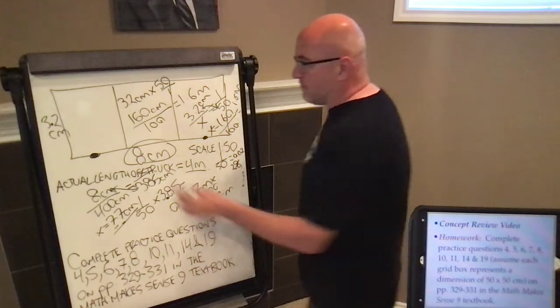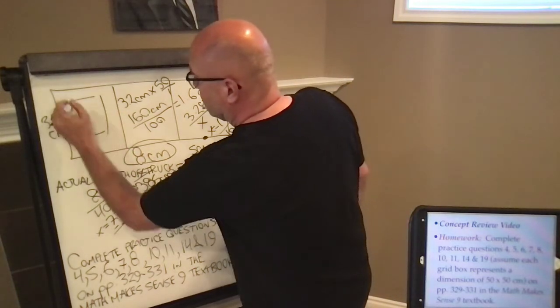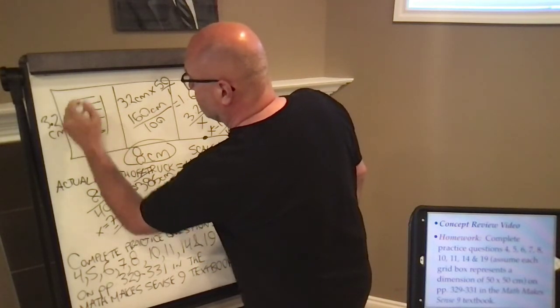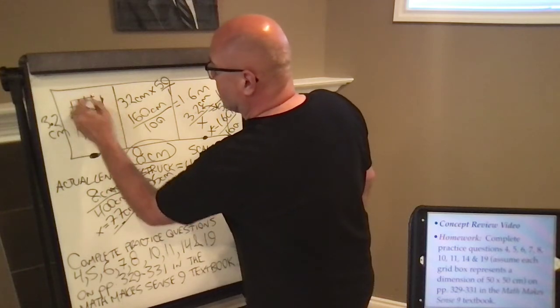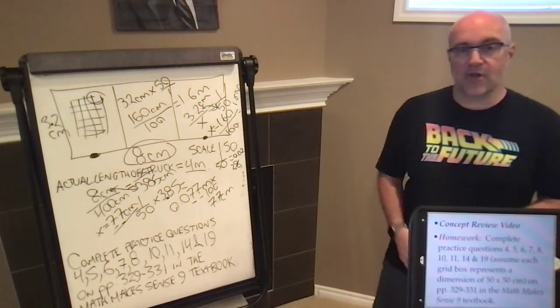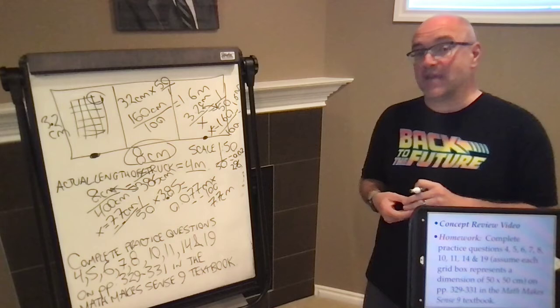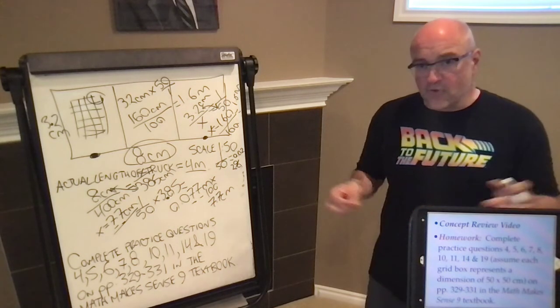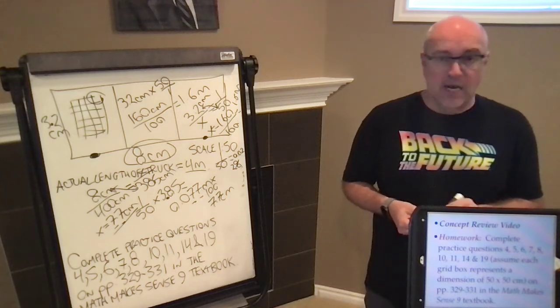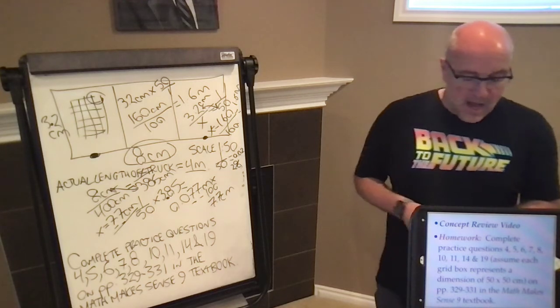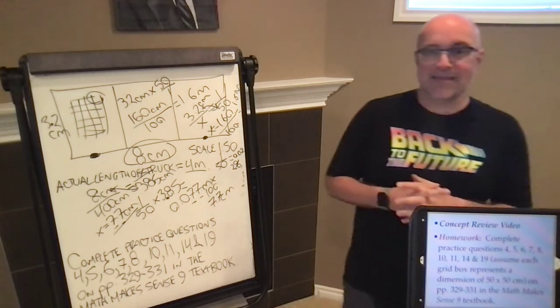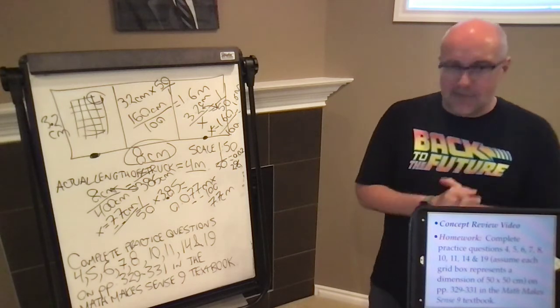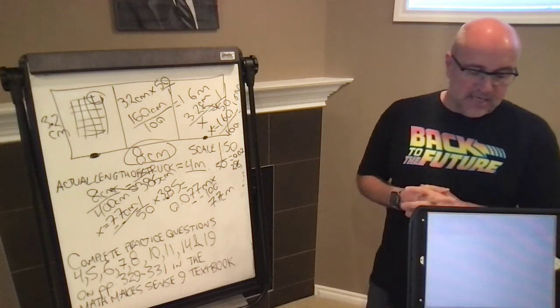So basically, if you've got your grid in the question, so here's my grid, each grid block here, one of those little grid blocks, is going to represent a measurement of 50 centimeters by 50 centimeters to answer that question. All of those questions are going to be found on pages 329 to 331 of the Math Makes Sense 9 textbook.